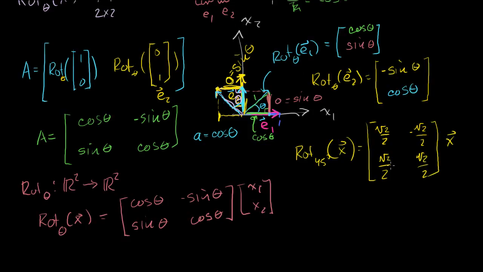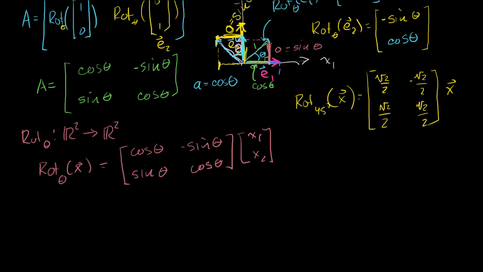So if we multiply this matrix times any vector x, literally, let's say I were to have a bunch of vectors that specify some square here. Let me see if I can do it properly. Maybe a triangle would be easier to draw. I'll do a square.